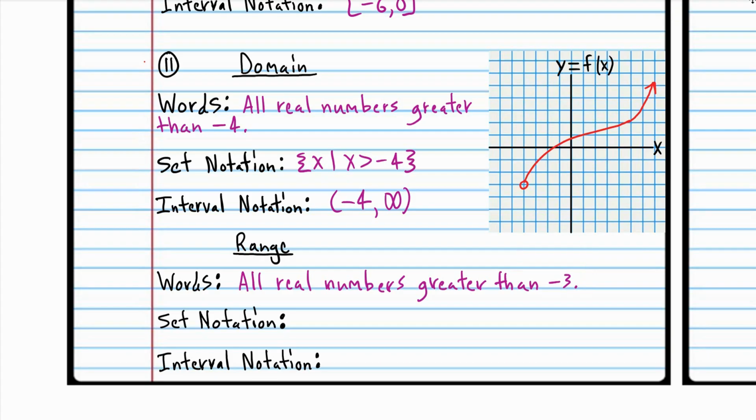Now it's not part of the range, but it gives us a bound. So the range is the set of all y values such that y is greater than -3. And in interval notation, we say -3, comma, infinity with parentheses.